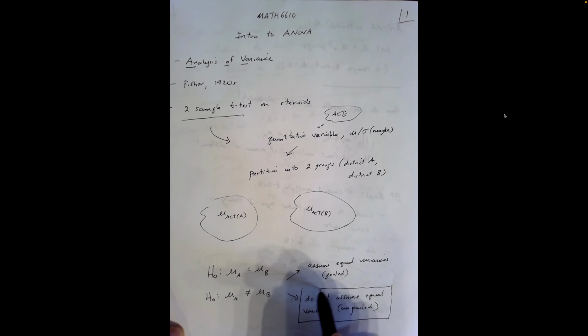So the null hypothesis in this situation, as we've studied previously, is the means are equal against the means are not equal. Now, if we assume equal variances, then we'll run a pooled two-sample t-test. If we do not assume equal variances, we run an unpooled t-test. Ladies and gentlemen, I always want you to run an unpooled t-test.